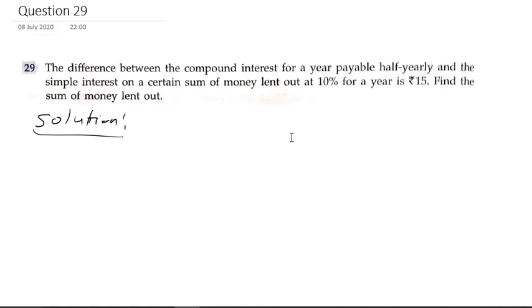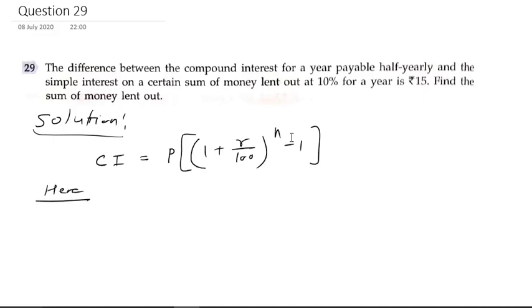So if I find the expression for compound interest as it is charged half yearly, compound interest for 1 year will be P into (1 plus R upon 100) power n minus 1. This is the formula for compound interest. Here R is 10 upon 2, that is, we are compounding half yearly, so we divide the rate of interest by 2, so it becomes 5%, and the number of periods will become 1 into 2.